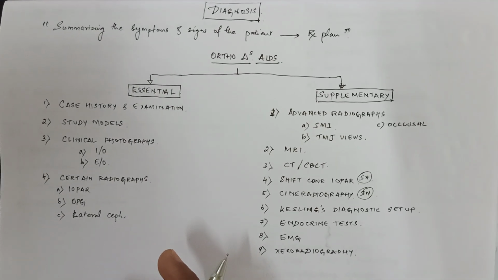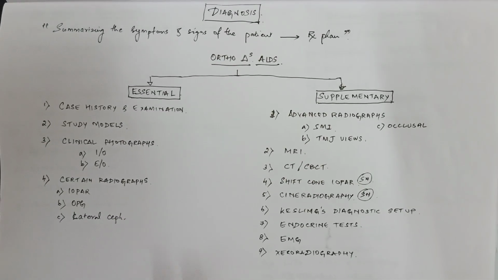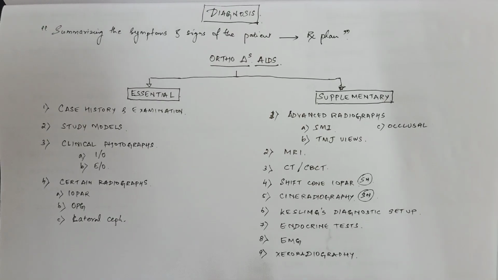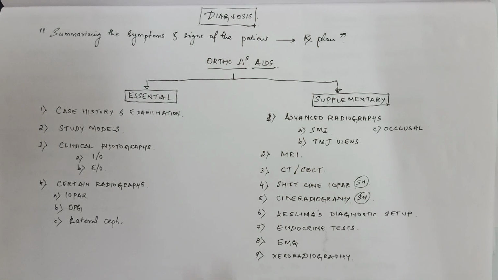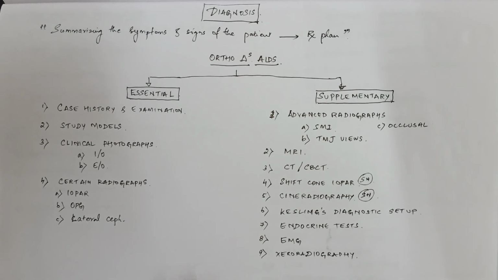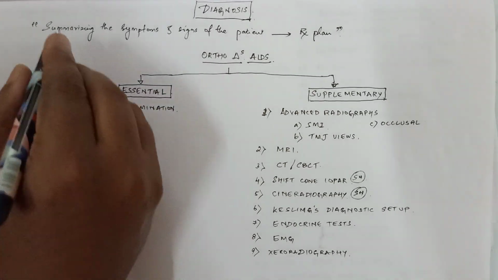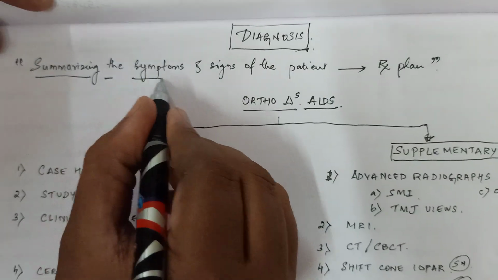Okay. So diagnosis is a very important part of ortho, because if you do the diagnosis part correctly and perfectly, treatment is not a very big deal. The treatment is the easiest part. But what treatment to do for which patient, that you have to determine based on the proper diagnosis. So put it simply, summarizing the symptoms.